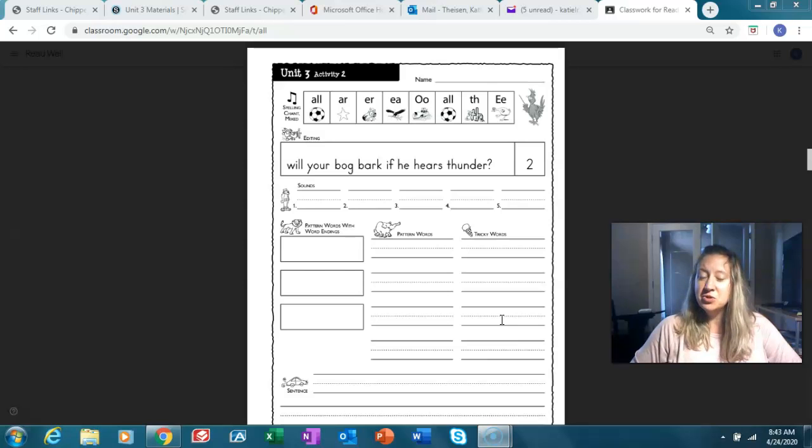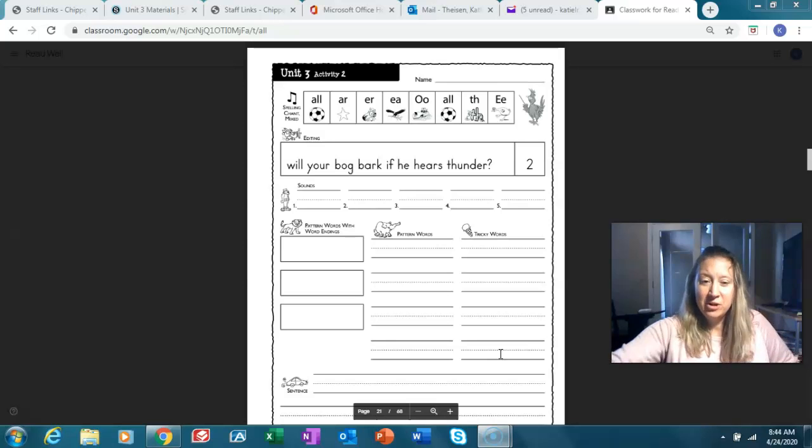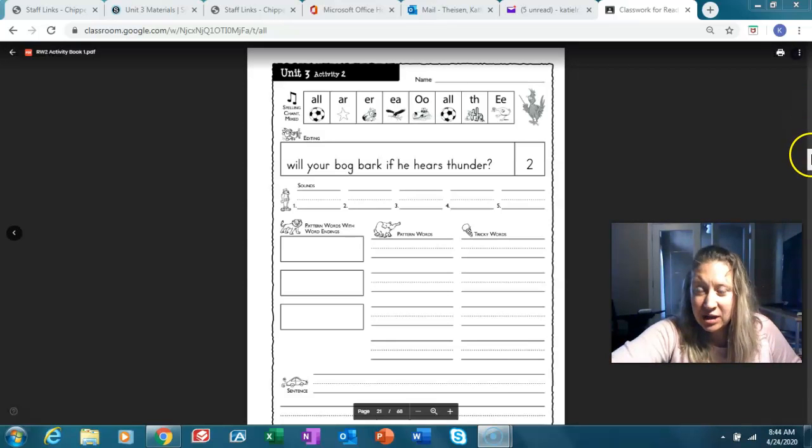Don't get confused. Remember that sound is not going to be spelled with a U. How is it spelled? F-R-O-M. That's what makes it tricky. That O can make a schwa sound. And your last pattern word, into. And you should have spelled that I-N-T-O.